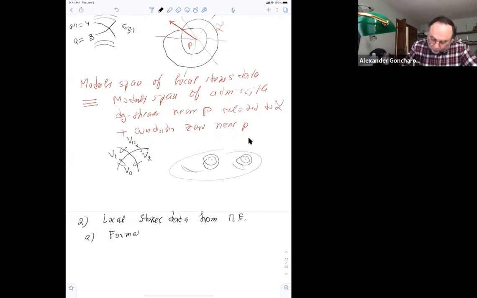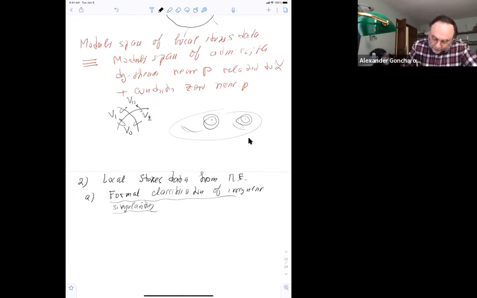This is called the formal classification of irregular D-modules, or irregular singularities of differential equations. And it goes like that.